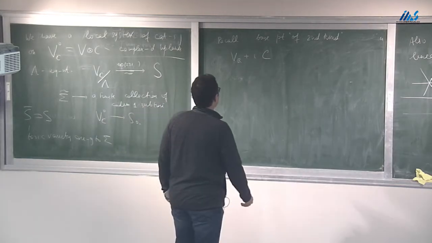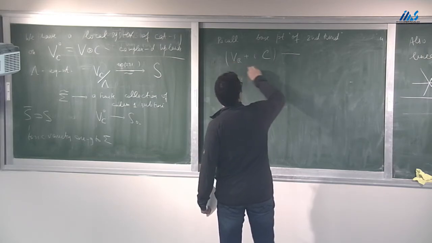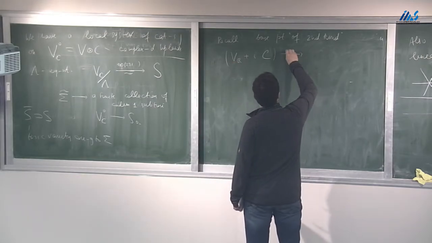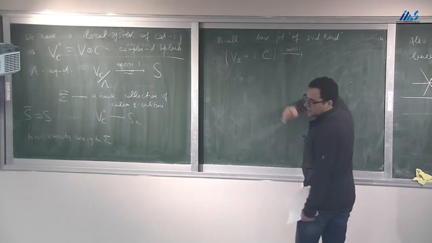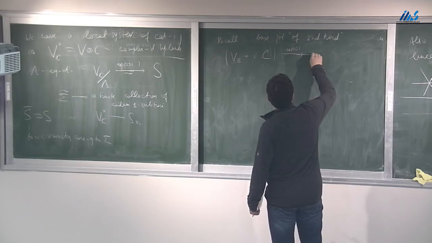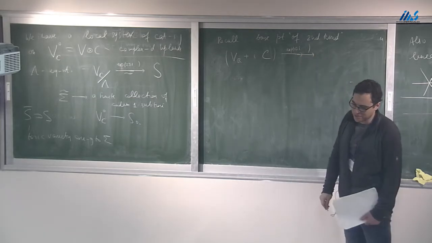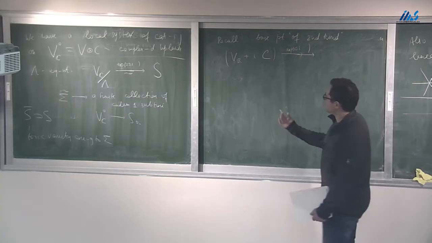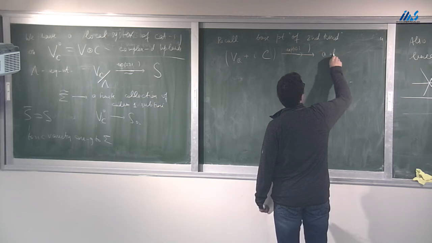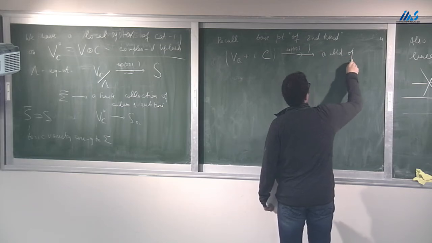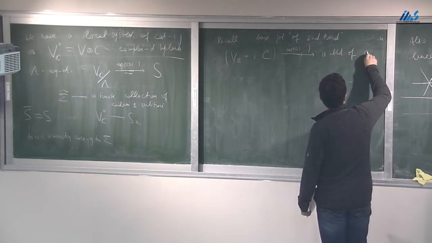And by the exponential map, it maps to a neighborhood of 2 pi i here, since this is a condition on the imaginary part, but multiplied by i, it becomes a condition on the real part, so exponentiated becomes a condition on the absolute value. So this is a neighborhood of a point.